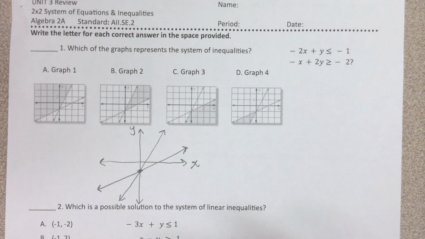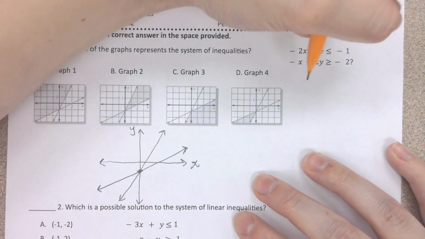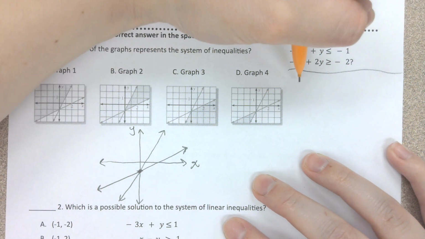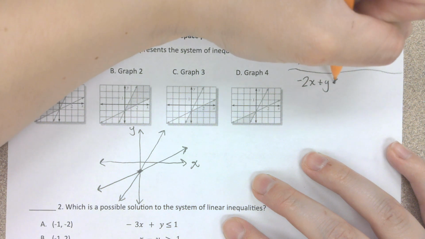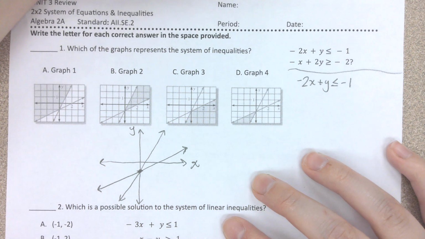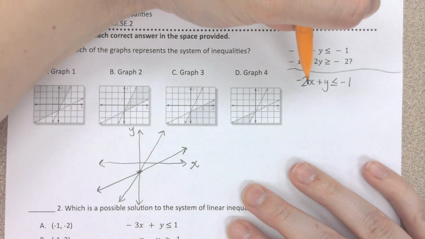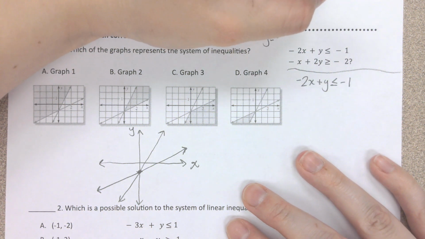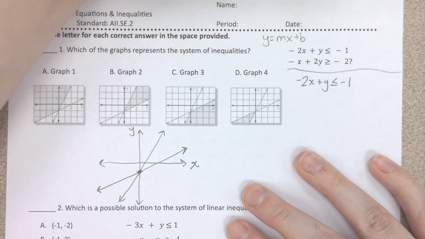So let's go through and solve both of these for y, and I'll just do them in order. So we have negative 2x plus y is less than or equal to negative 1. To get the y by itself, I just need to move the 2x. Remember, our goal is y equals mx plus b form, but it won't be an equals, it'll be an inequality.